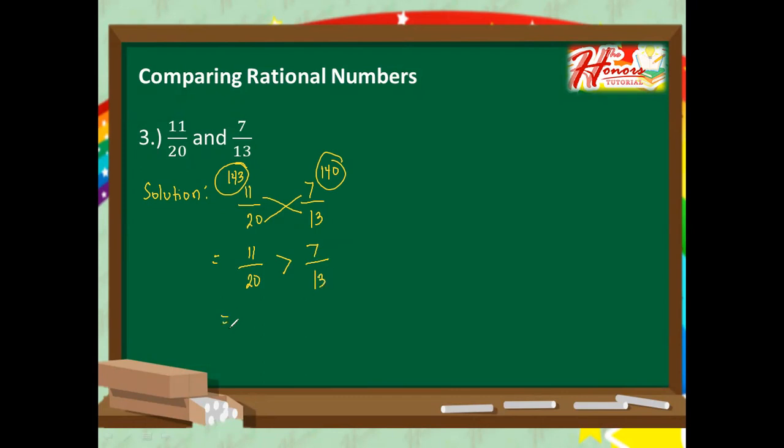At the same time, we can say that 7 over 13 is less than 11 over 20. So that is for comparing rational numbers.